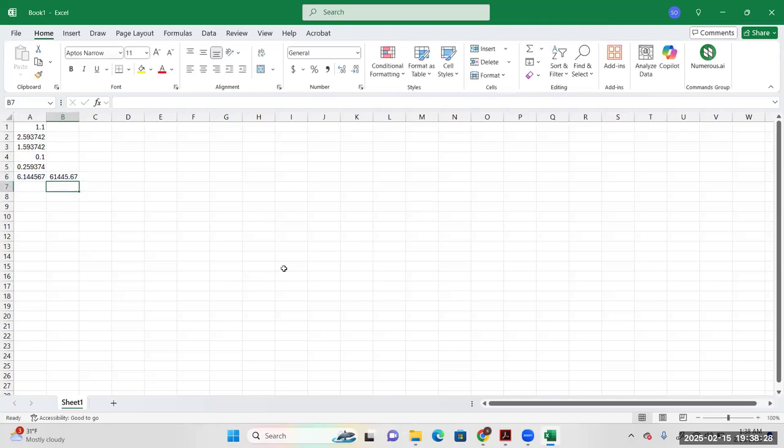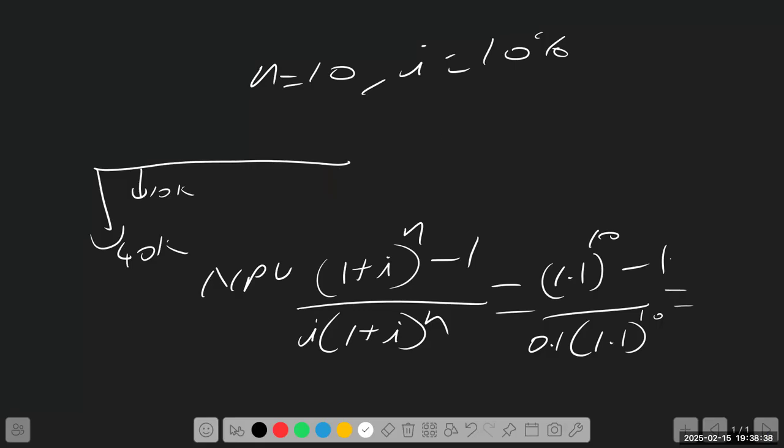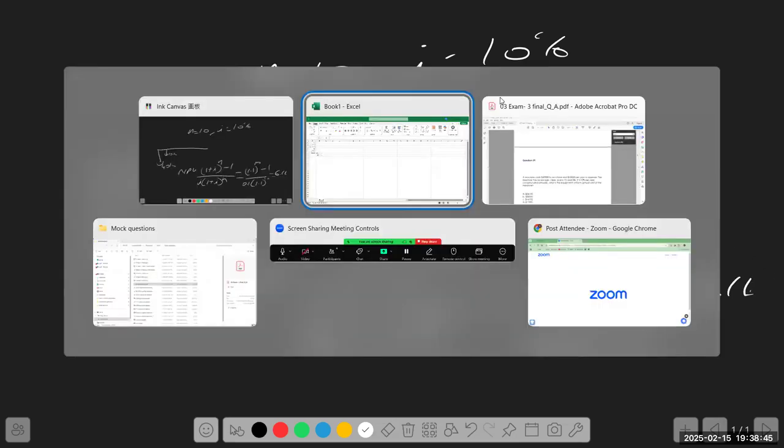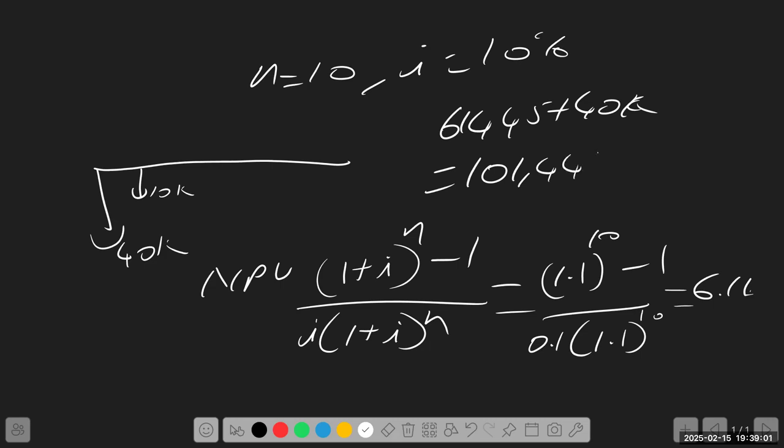So 61,445 plus 40,000, the initial investment. 61,445 plus 40K is equal to 101,445. This is the net present value.